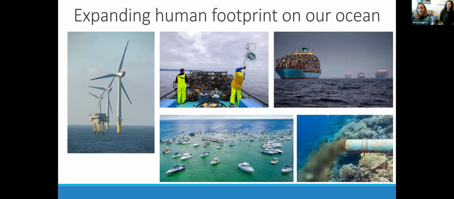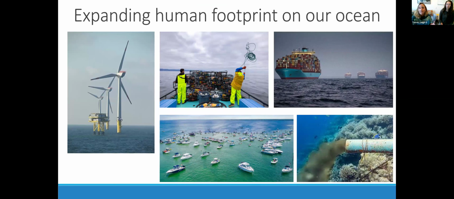And human use of oceans is diversifying and expanding in intensity and in range. What we see here are a few examples of that: wind energy, fisheries, vessel traffic, recreational use, and pollution.